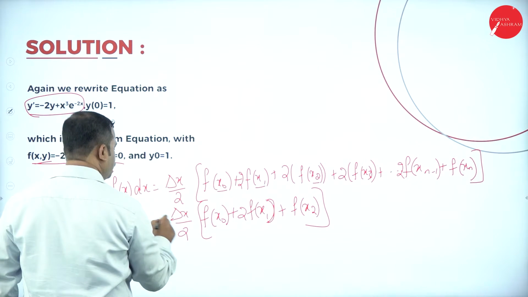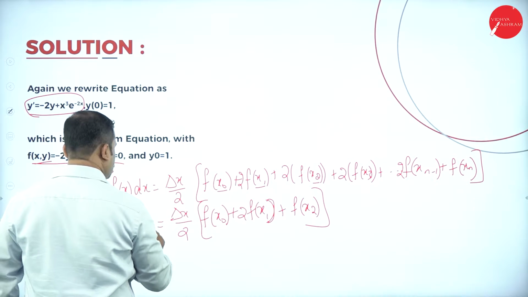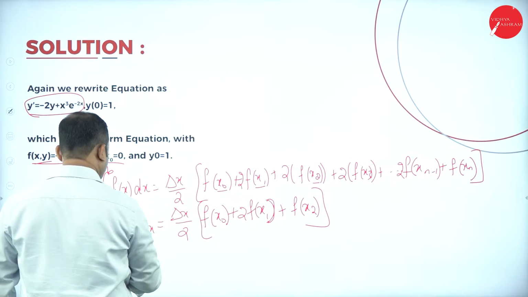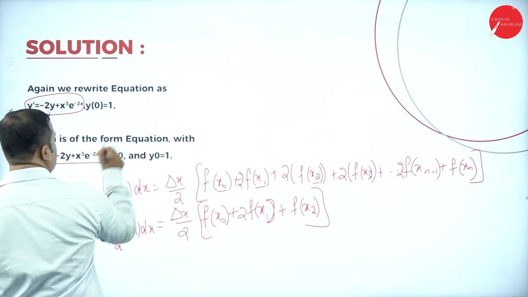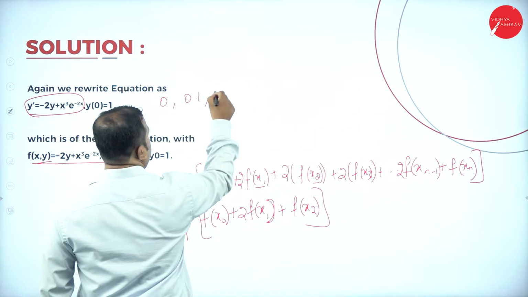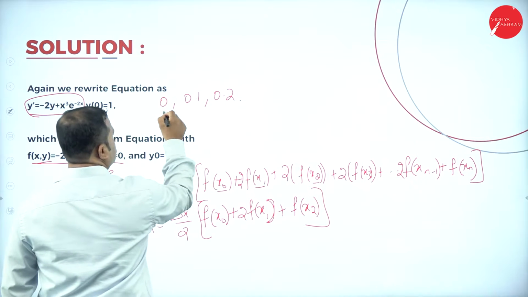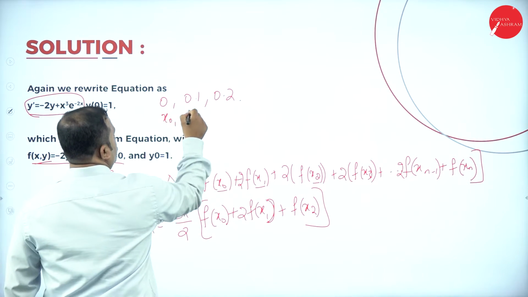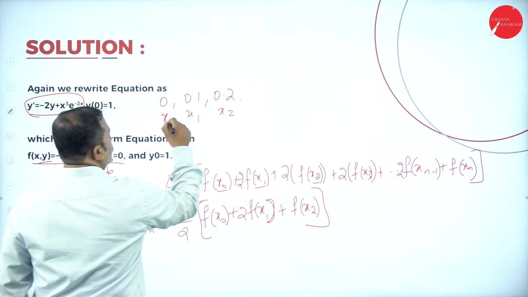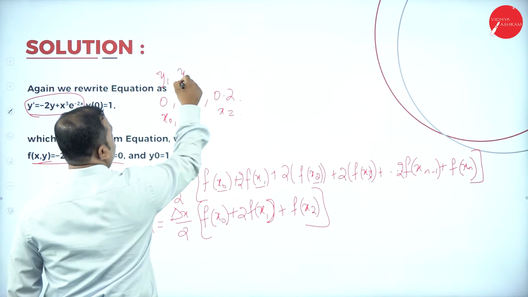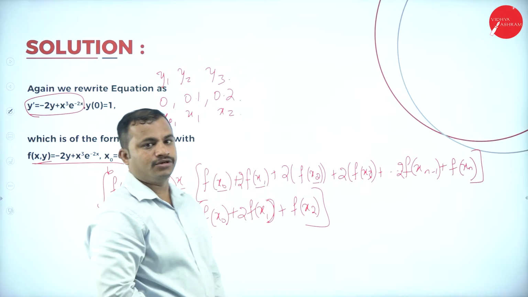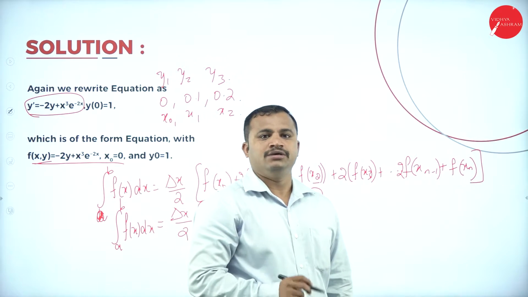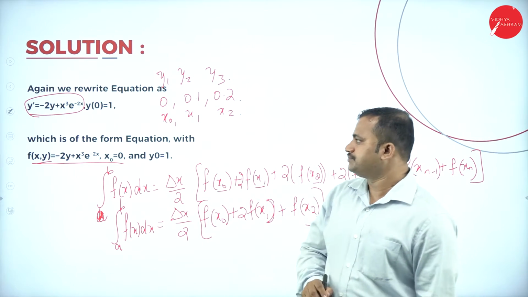This gives me the solution of the integral of f of x dx by the trapezoidal rule. Because we have to find out only 0, 0.1, 0.2. If I consider this as x0, x1, x2, we will get the values as y1, y2 and y3. So we will substitute that into this equation to get the values using the trapezoidal rule.